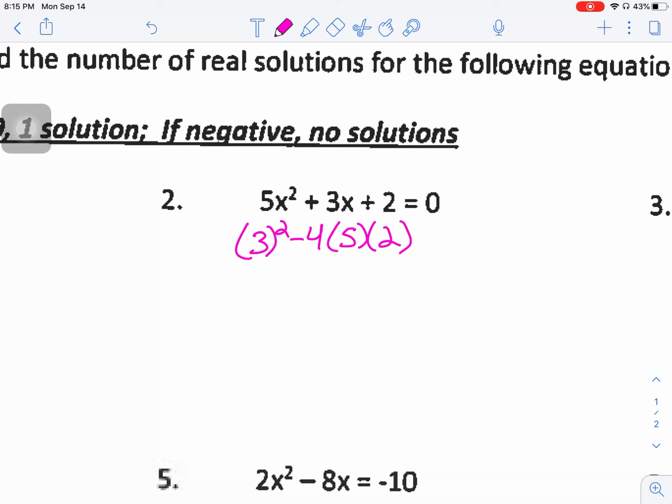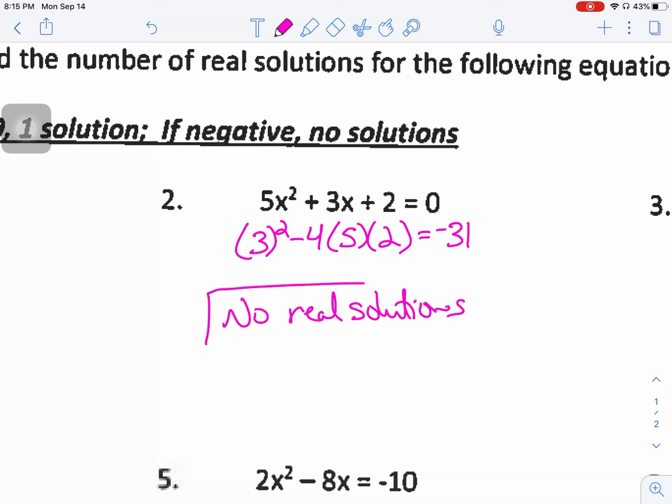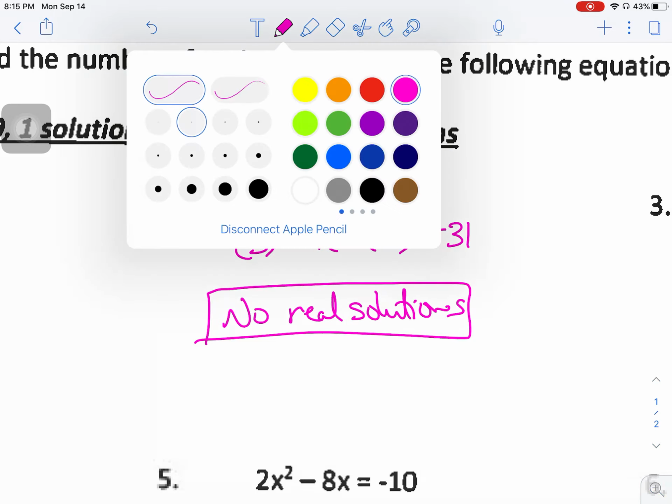And hey, if your brain cells make this work for you and you can do it in your head, great, you do that. So I get a discriminant value of negative 31, which means, obviously, that's a negative number. So I have no real solutions. There are solutions to this problem. They're imaginary solutions. So no real solutions.